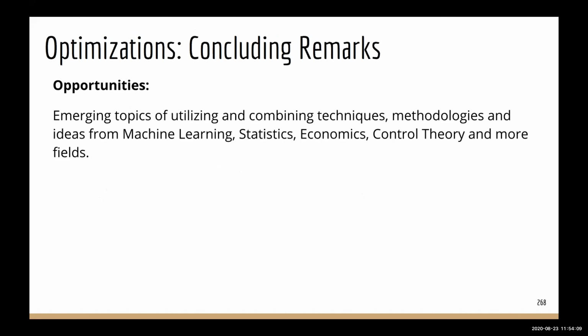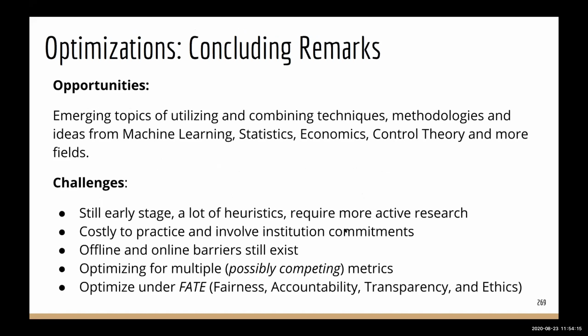All right. So for the optimization side, I think I mentioned throughout that there's a lot of work emerging. And the nice thing about it right now is that we are seeing work from the machine learning domain and from statistics, economics, and control theory, and more domains come together and study and borrow ideas and leverage different tools that are available.